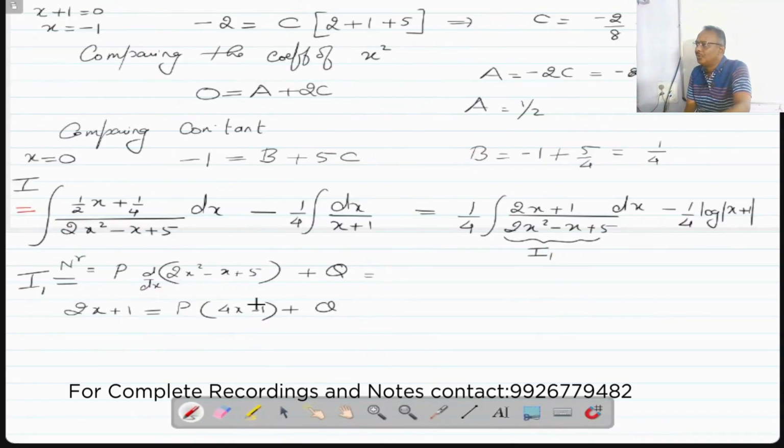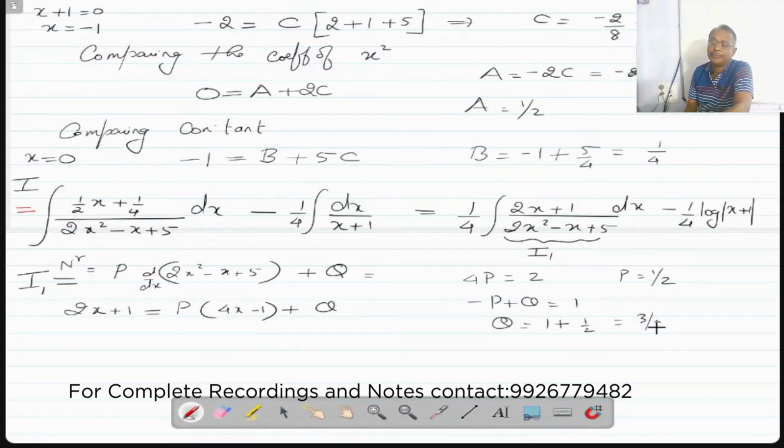तो I'll say 4p is equal to 2, p का value 1/2. Then constant is minus p plus q is 1. So q will become 1 plus 1/2 becomes 3/2. है ना, ये उस साइड गया.